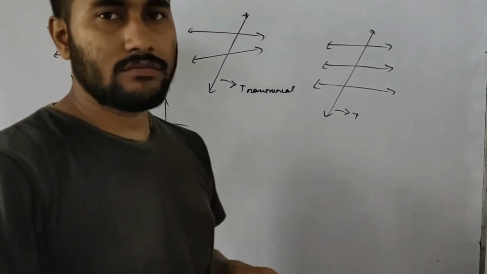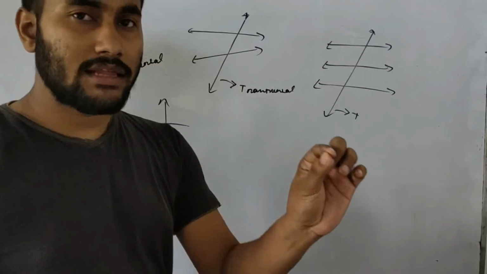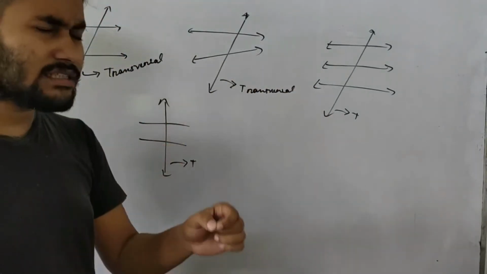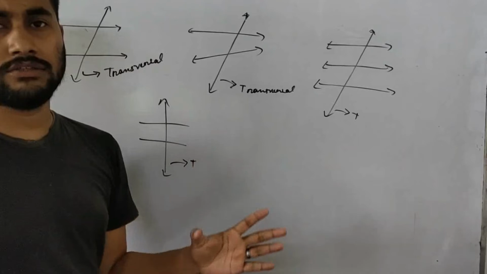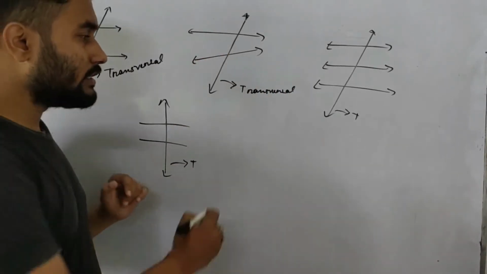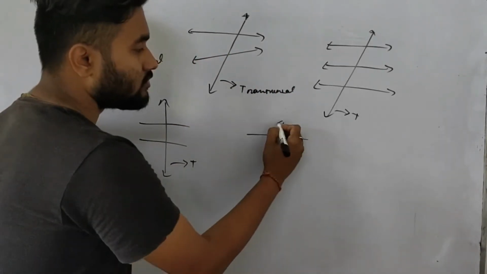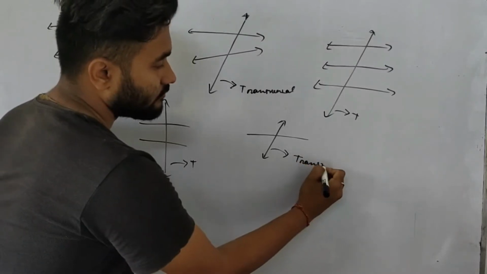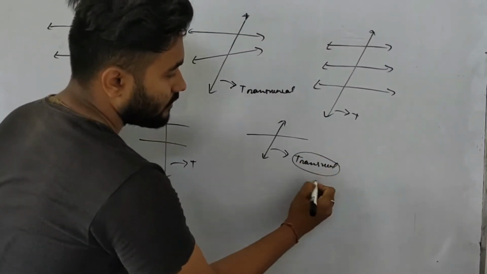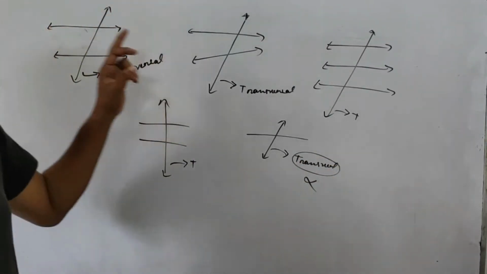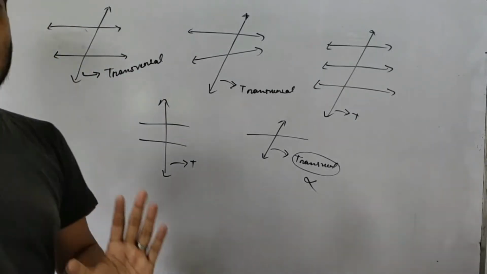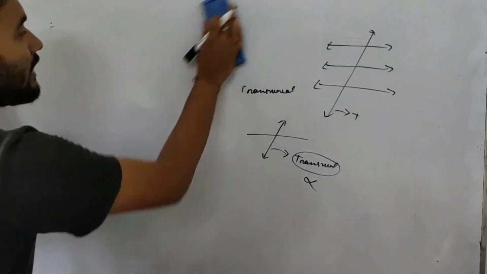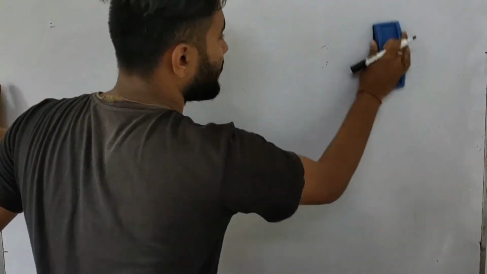A straight line intersecting two or more straight lines. It should be two or more. This is not a transversal. It should intersect two or more lines; that is a transversal. In this exercise we will discuss only parallel lines and transversals.